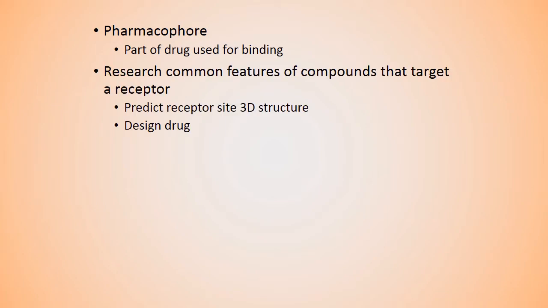So then we're going to research common features of compounds that target a receptor. We know what different receptors are and what will allow the receptor to get targeted and turned on, and so on and so forth. So by looking at common features throughout all the interactions we understand for a specific binding site, we can predict a 3D structure.